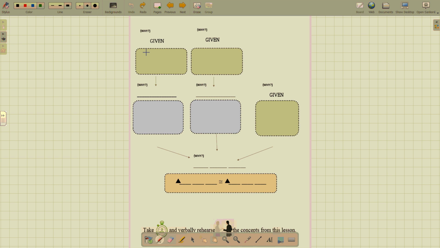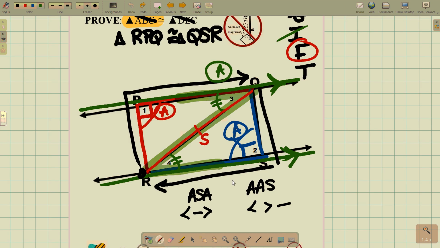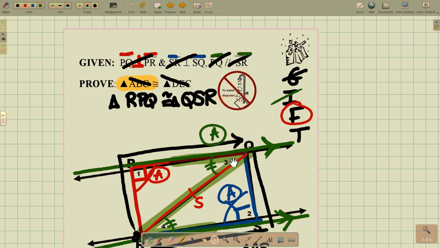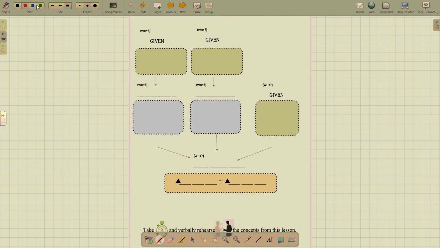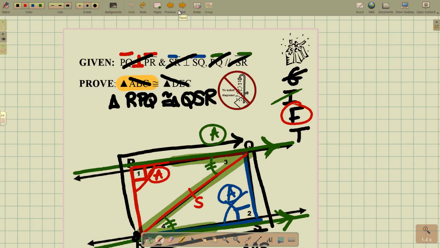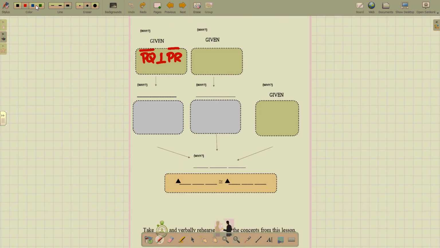It was given the fact that PQ is perpendicular to PR, and the fact that SQ and SR were perpendicular. We know that because it's given.